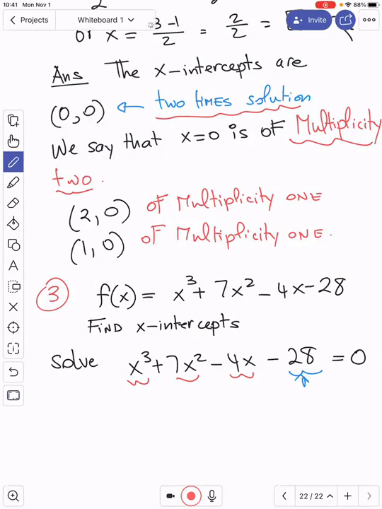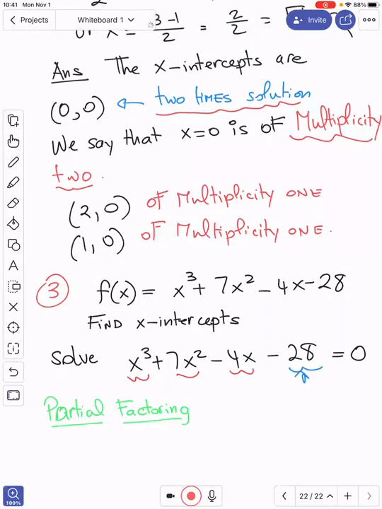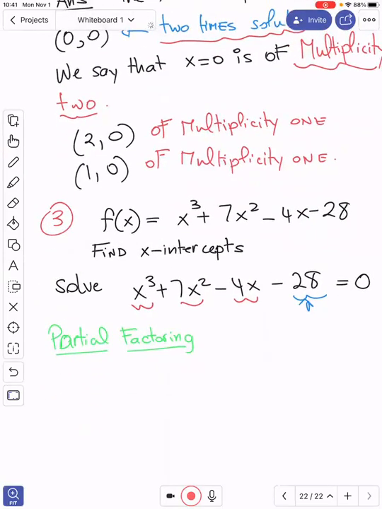So the next thing we can try to do is partial factoring, right? What we can do is, instead of factoring the whole function f or the whole polynomial, I'm going to take just 2 or 3 terms of the polynomial and try to factor it.